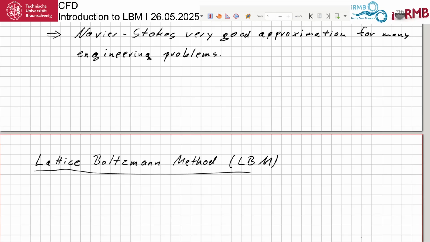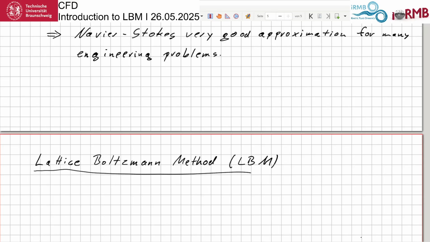Basically, what we want to do is only solve the Navier-Stokes equation. So we don't want to solve the entire Boltzmann equation. And if we do this, all we need is solving the Boltzmann equation to first order in Knudsen number.